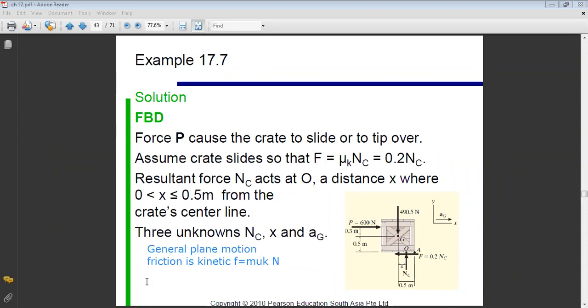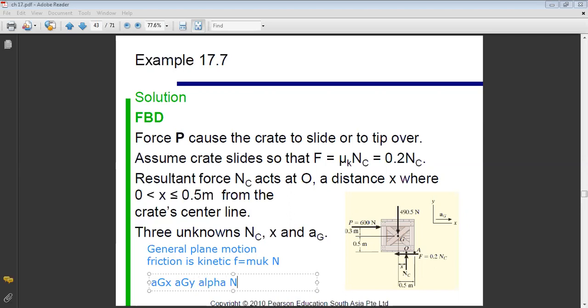I have only 3 unknowns? Look, here I have AGx and AGy unknown. So I have AGx, AGy, and I have alpha and N. So here also I have 4 unknowns.